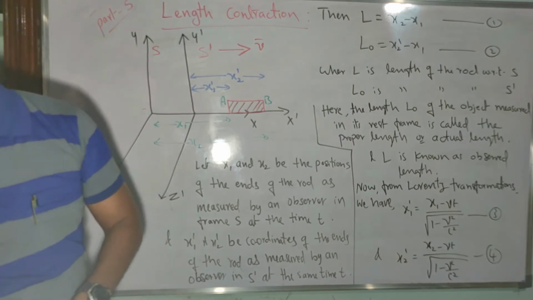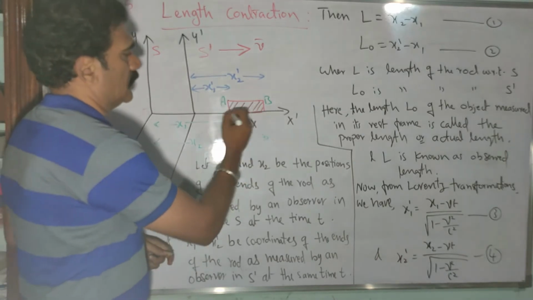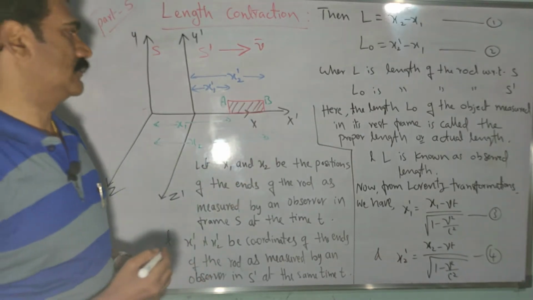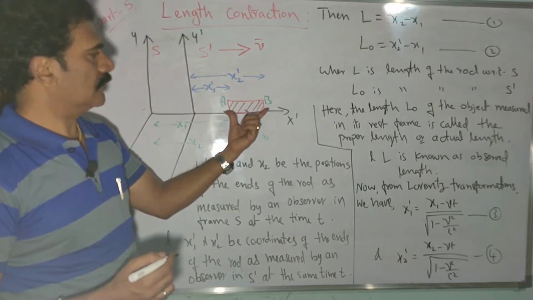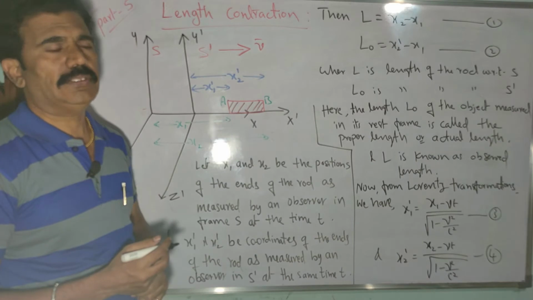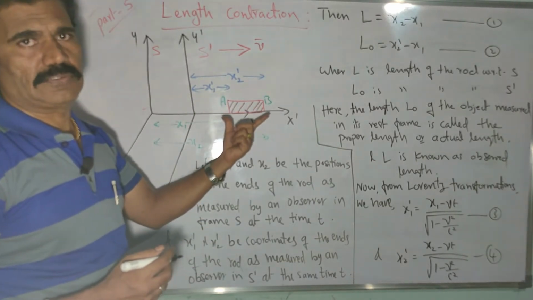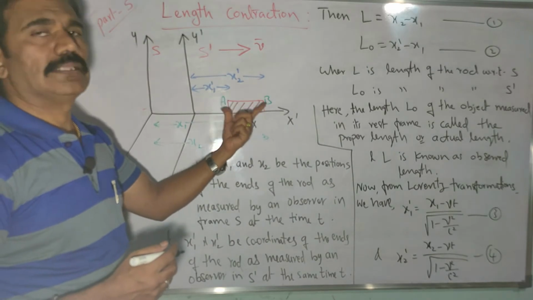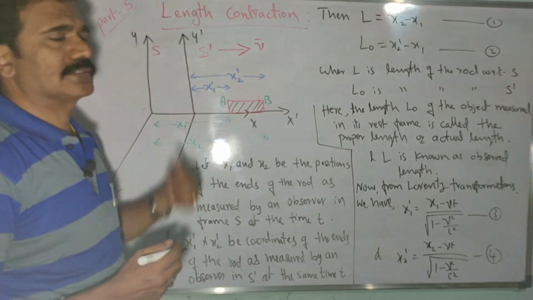Now I am considering one object, which is having a certain length. Let us consider that object AB, having a certain length AB, fixed with the frame of reference S dash. The question is, what is the length of the object with respect to S dash and with respect to S?